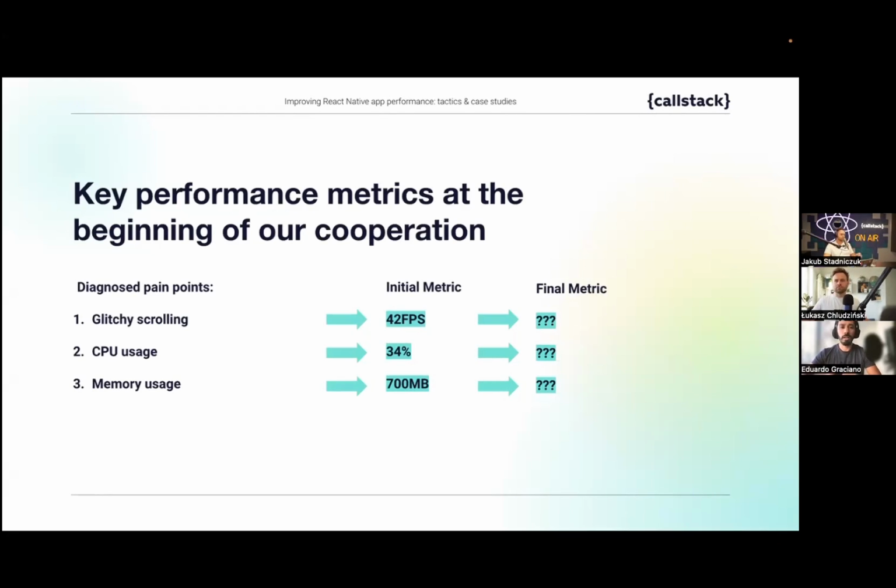We turned to our trusty profilers, and we identified that the CPU usage constantly peaked at 34%, but that wasn't all. We also looked into the memory consumption, which appeared rather high, around 700 megabytes. So with all this information, we went on a mission to optimize and enhance this app.